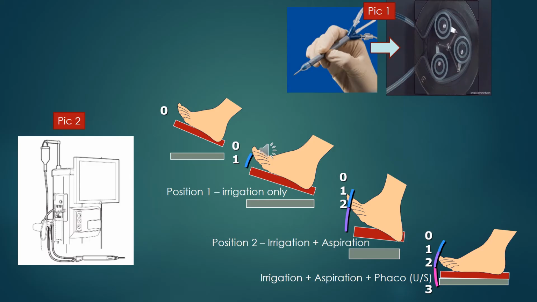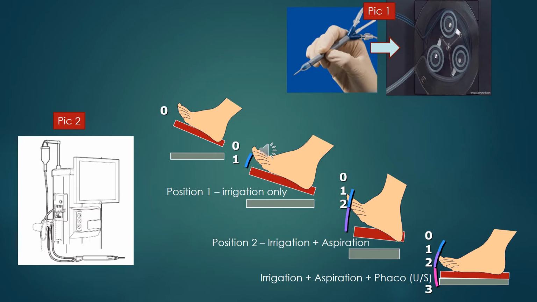So these three rollers are in continuous action. They are attached to the tubing, and because of this action, the fluid is drawn. Where is it being drawn from? It is being drawn from the eye. You have a phaco handpiece, and you have the tip that goes into the eye. So it draws the fluid from the tip.